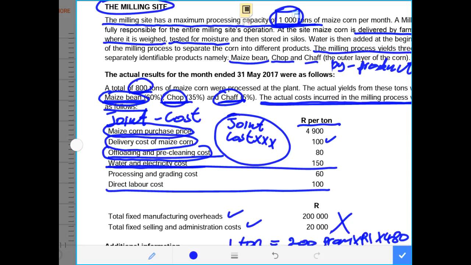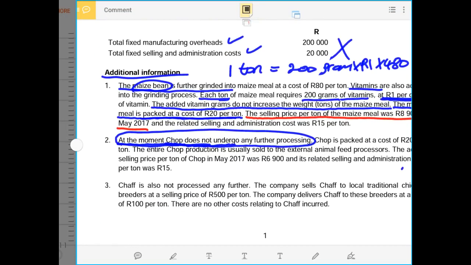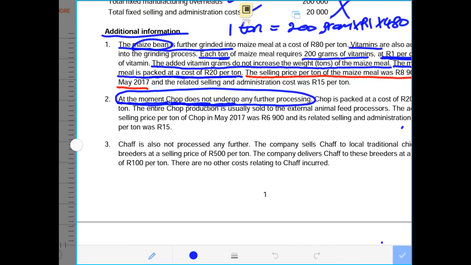So now after we have incurred all these costs, one of these three products was further processed to become the maize bean. Another one was further processed. Another one was not further processed. In this case, remember, we are referring to the chop.